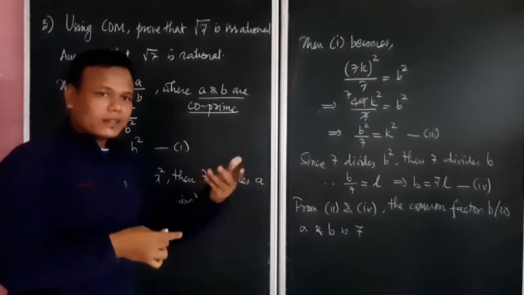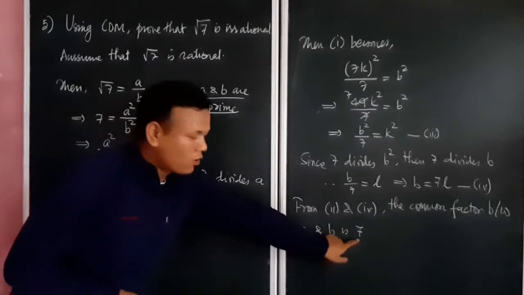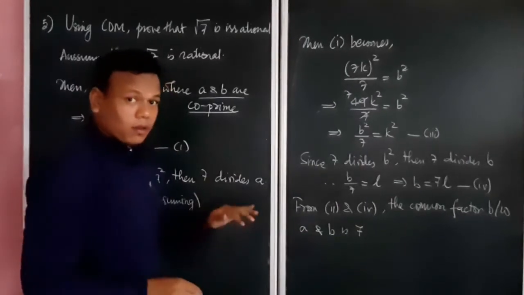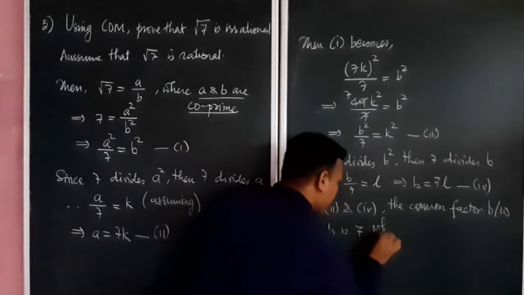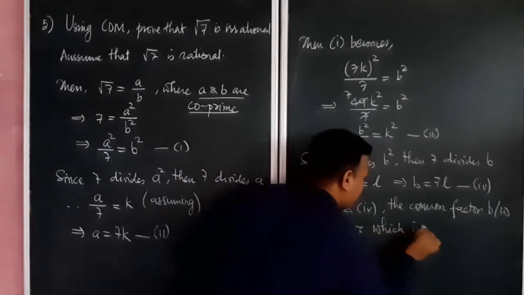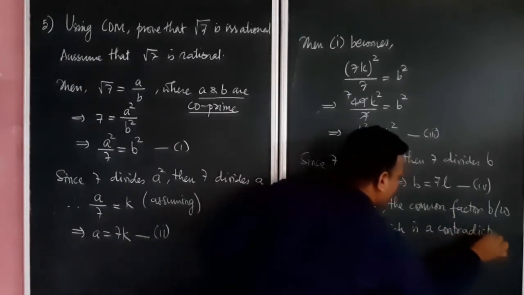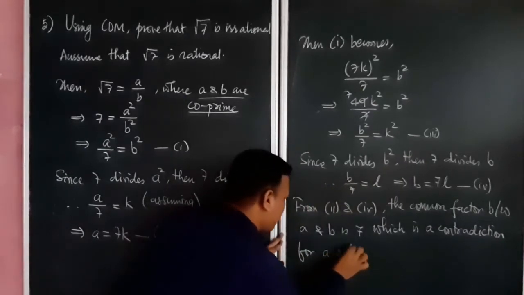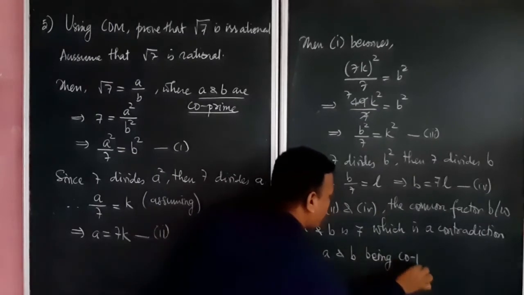There is no common factor between a and b, but here we found that a and b have a common factor equal to 7, which is a contradiction, right? So which is a contradiction for a and b being co-prime.